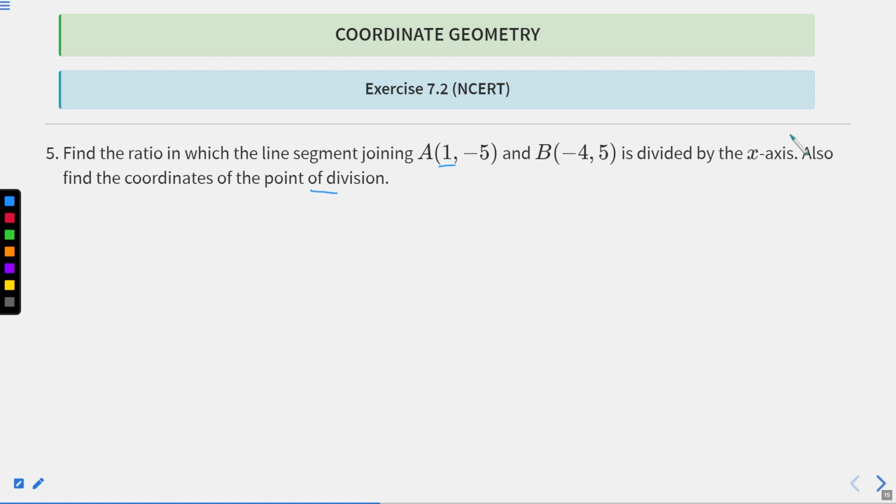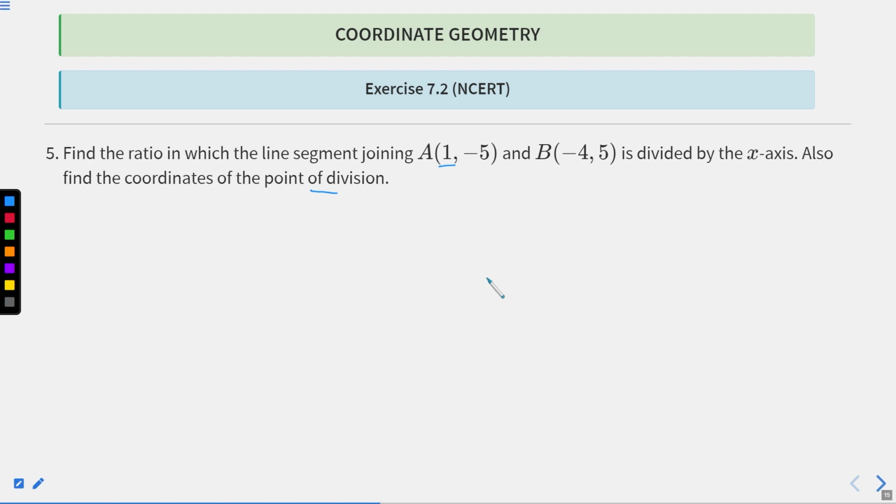We know any point on the x-axis is of the form (x, 0), that means the ordinate is 0 on the x-axis.